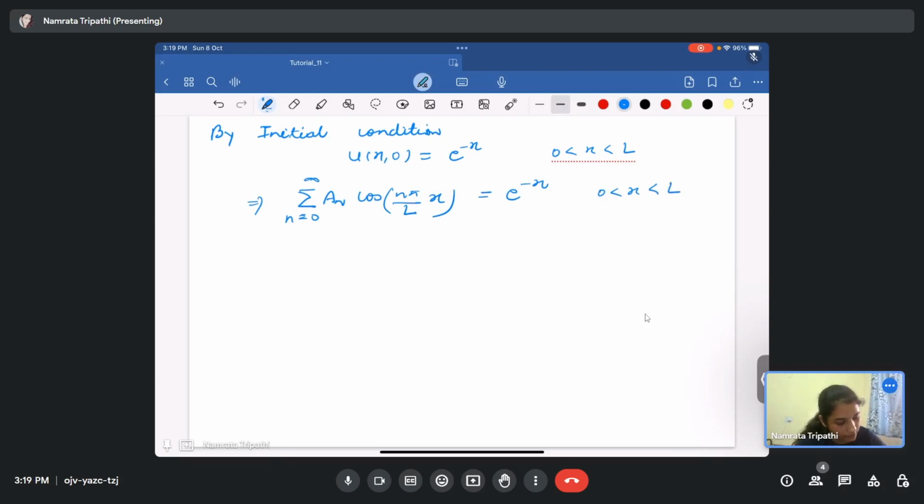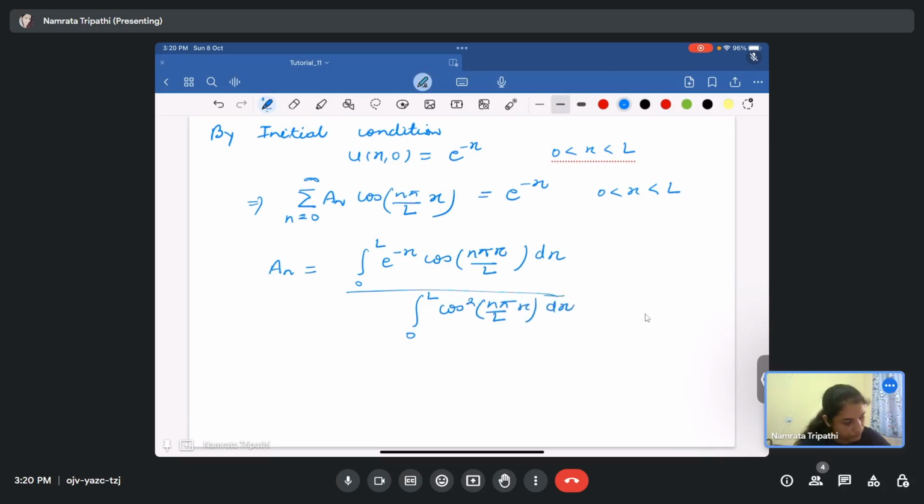So what will be the value of an, which is the Fourier constant? We will calculate n equals 0 separately.